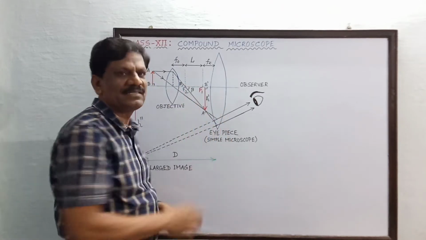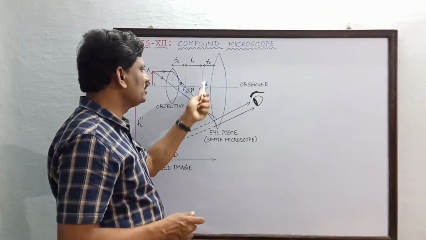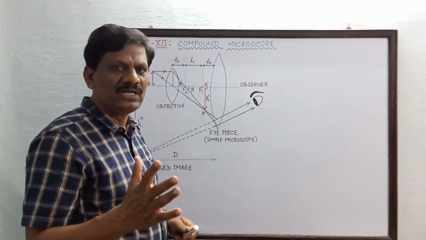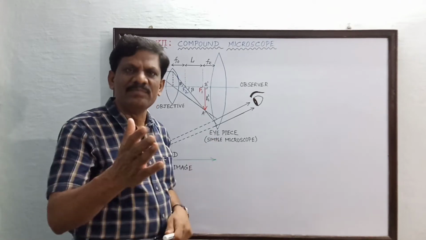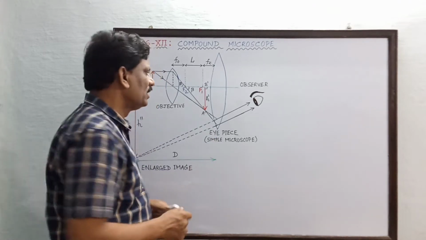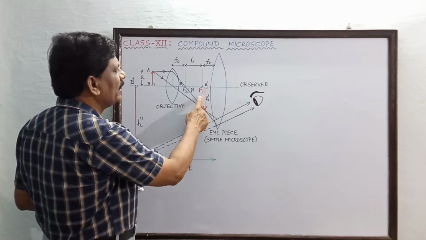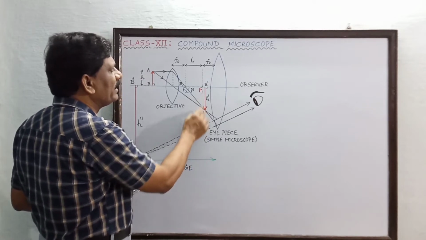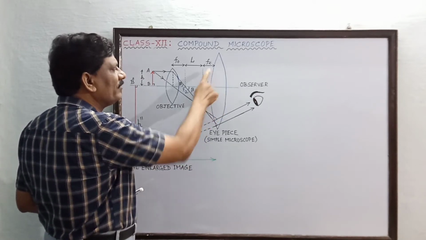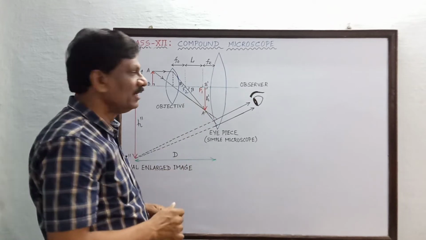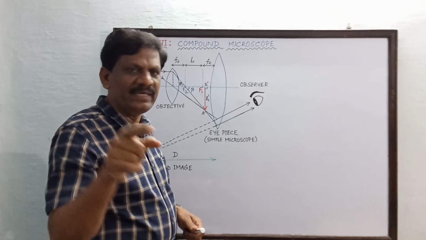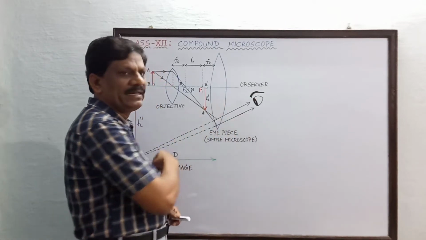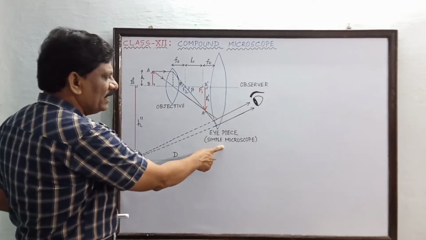the second lens. So A dash B dash is an object for the second lens, which is going to behave like a simple microscope. Now in this picture it is shown that the image is placed within the focal length, less than F. Therefore, the second lens acts like a simple microscope.